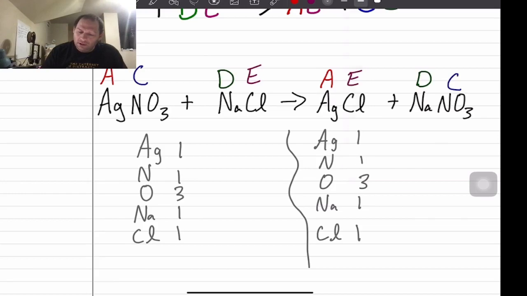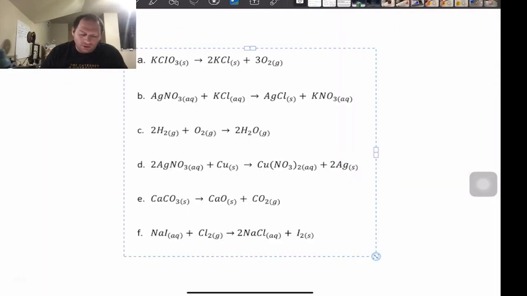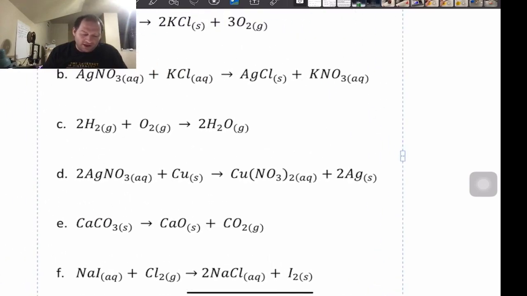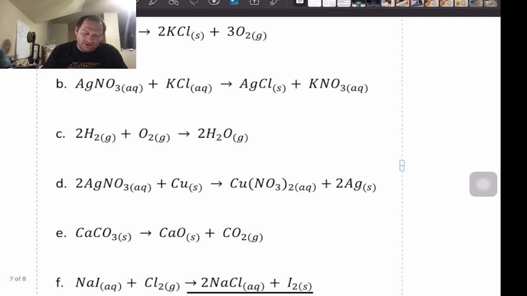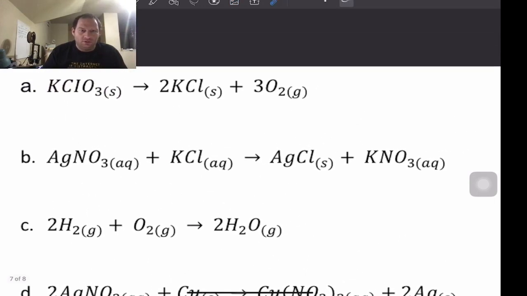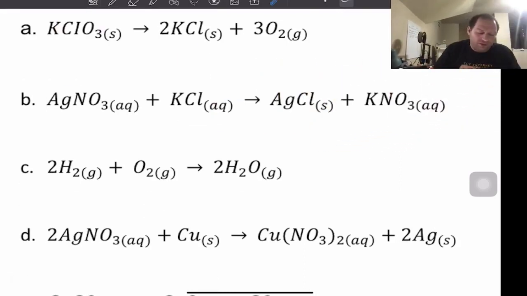All right. Now I'm going to give you some practice ones here. You could write these in the notebook. On here, there are actual different things that we haven't covered yet, like this S and G's. This S means solid. Oh, you can't see that. Let me move my head out of the way. There we go. This S is solid.